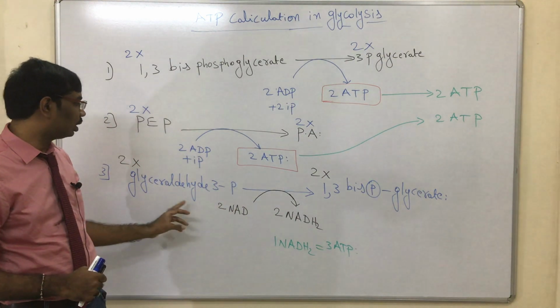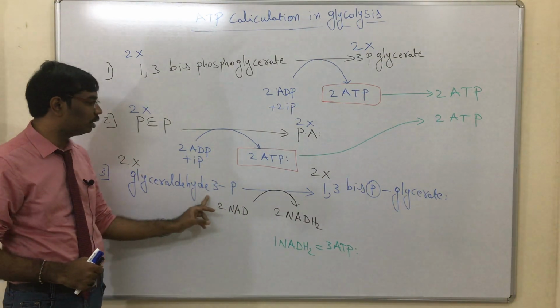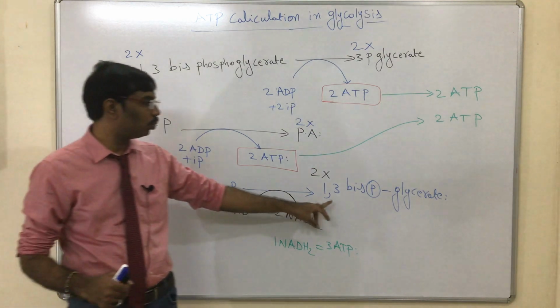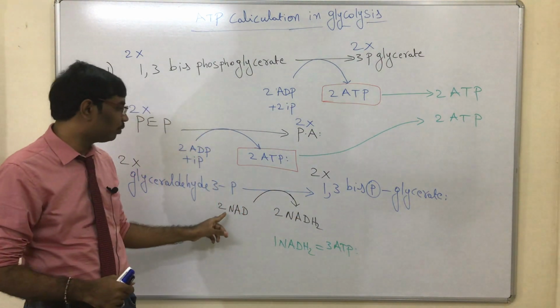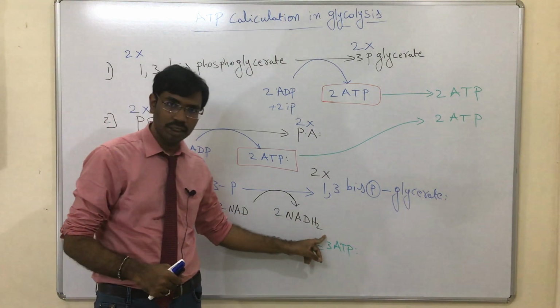Another reaction is glyceraldehyde 3-phosphate being converted into 1,3-bisphosphoglycerate. This reaction is responsible for the production of 2 NADH2.